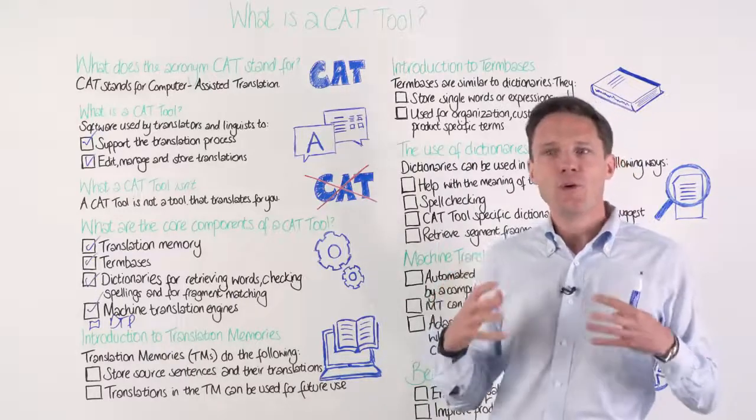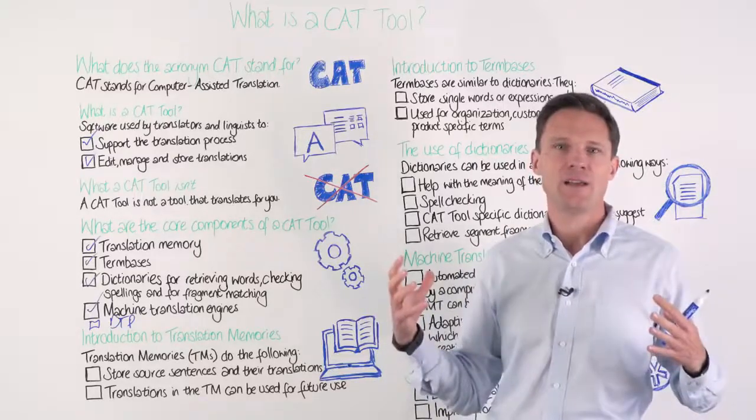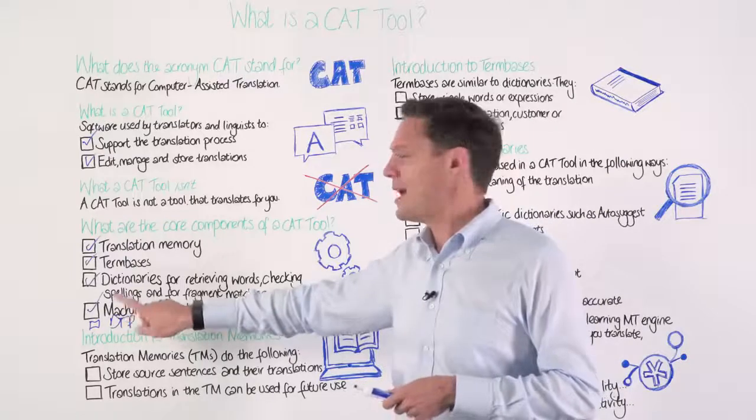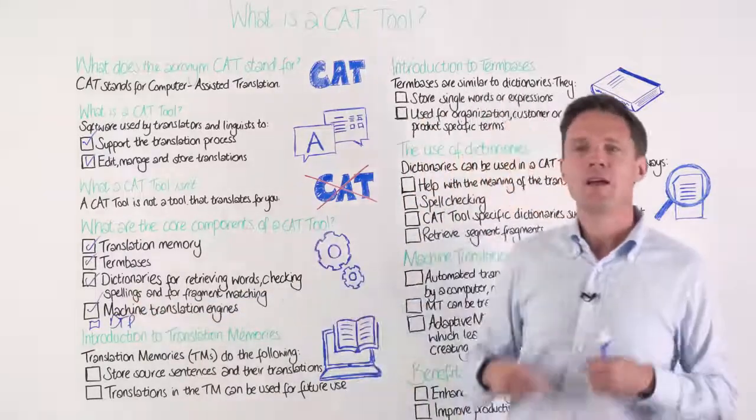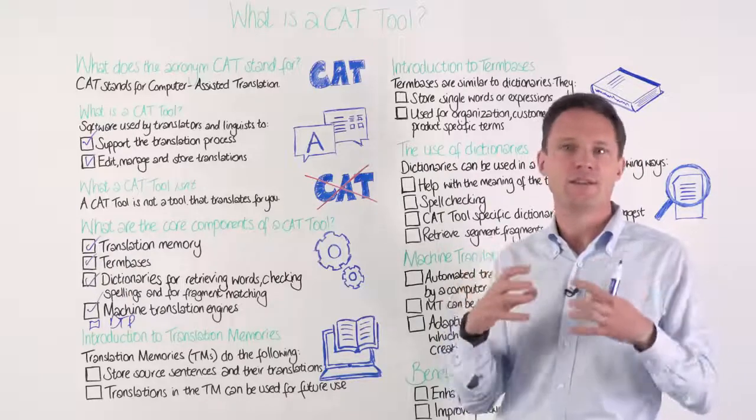A CAT tool also enables you to open a lot of different files. So at the end, this is another acronym, desktop publishing, DTP. You don't have to do a lot of work around the file itself.